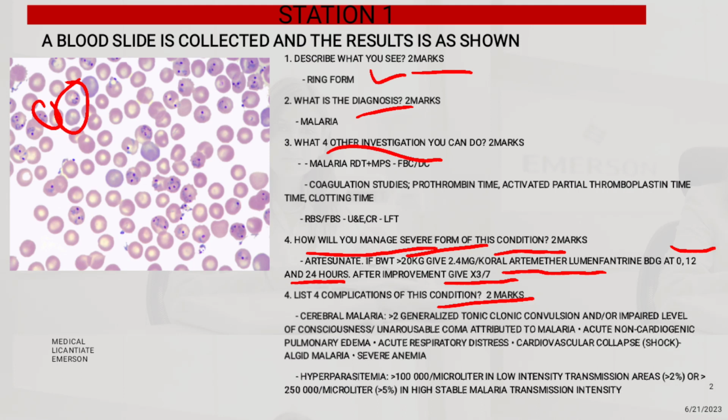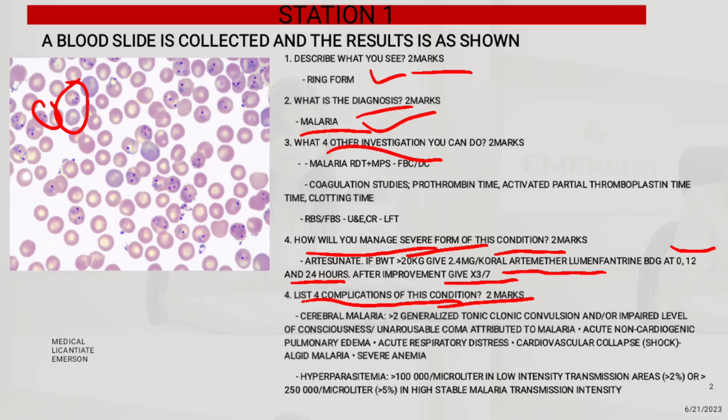So, list 4 complications of this condition. Complications of this condition, meaning the severe form of this condition. That's why I said when you say severe malaria, there is no problem here.